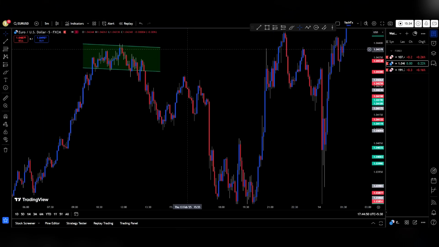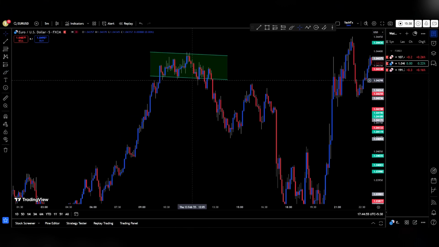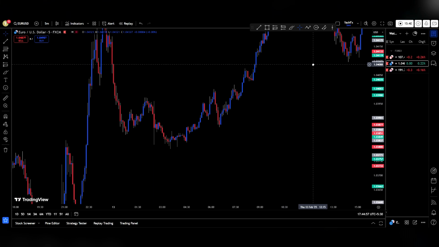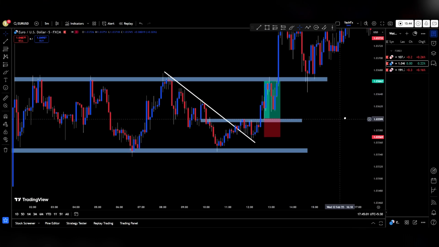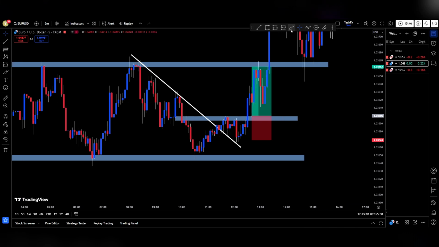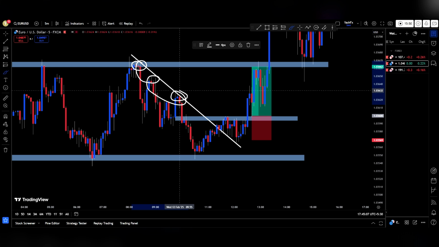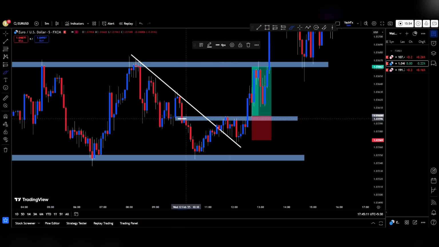And here we have consolidations, so I won't trade in this kind of consolidation. Now yeah, we have a trade. I took this live trade. Market was in consolidation, and then here was a kind of downtrend in that consolidation. Here was this resistance area.